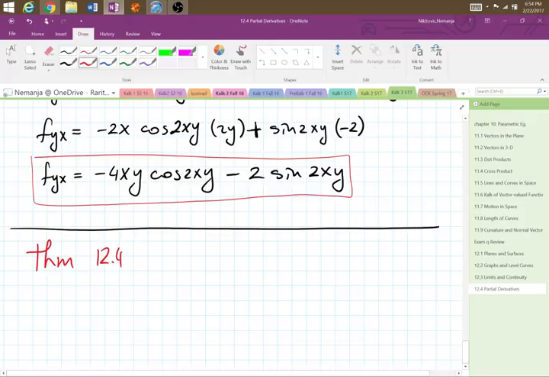Equality of mixed partial derivatives. So assume that f is defined on the open set D of R squared, and that fxy and fyx are continuous throughout D, then they are the same. So I will just say, in short, for practical purposes, mixed partial derivatives are the same.